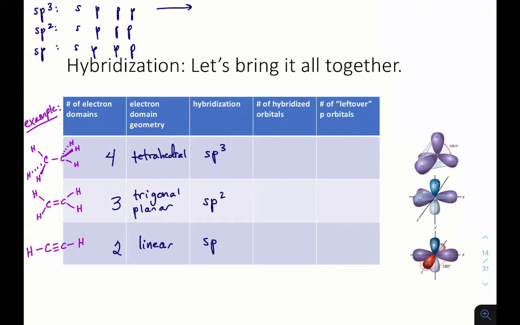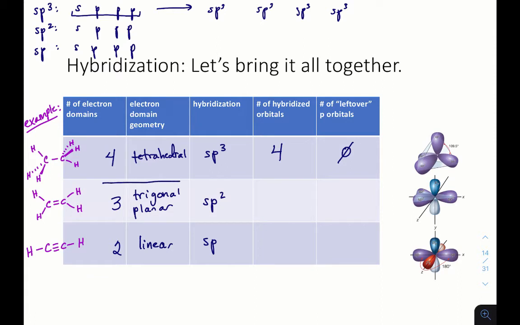This corresponds to 4 sp3 orbitals with 0 leftover p orbitals. That is because all 4 orbitals combine to make 4 hybrid orbitals, to make the 4 bonds that are arranged in that tetrahedral fashion with 109.5 degree bond angles.